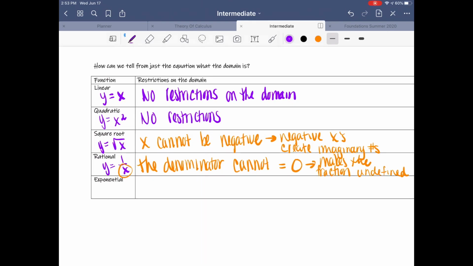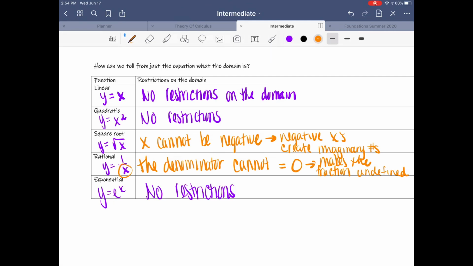And then an exponential function, there were no restrictions. X can be anything. X can be 0, x can be 1, x can be a negative number, x can be a fraction. So that was okay.